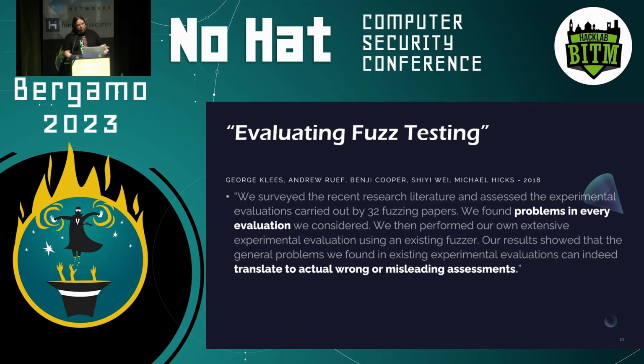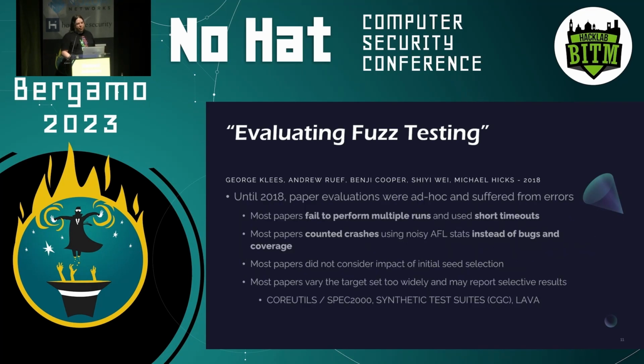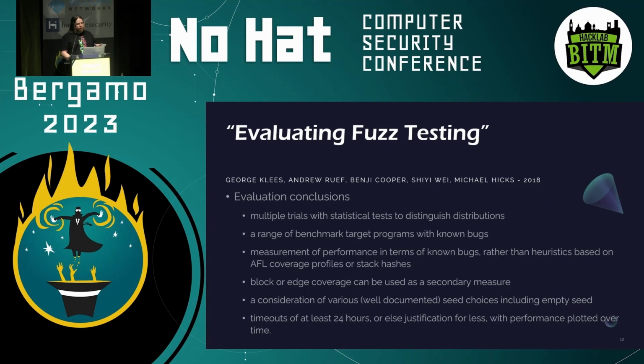So he wrote this paper with the conclusion that in almost every paper that had been published in the last 5 years, the evaluations were not good and ultimately led to misleading assessments of whether or not that was valuable progress. They enumerated several different issues there. You can read these slides later for more details, but ultimately it was a notice to the academic world: we need to get better about how we're evaluating our fuzzing.